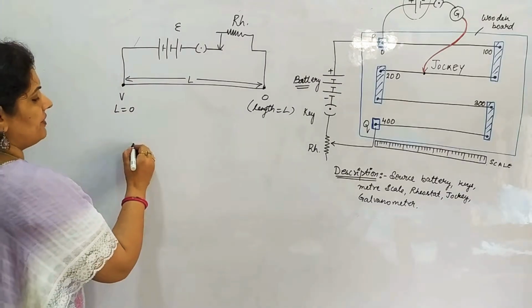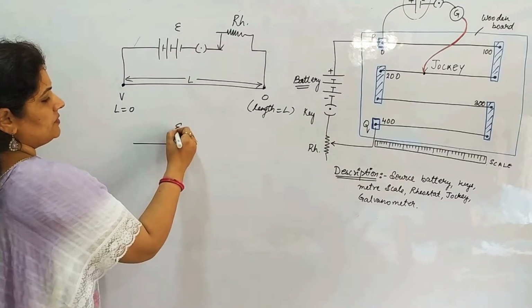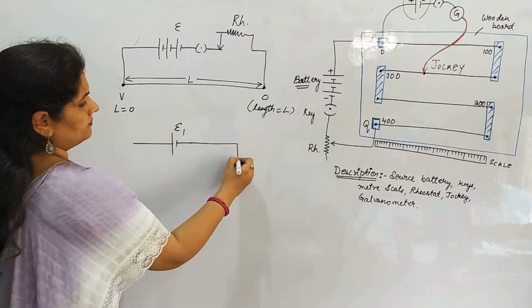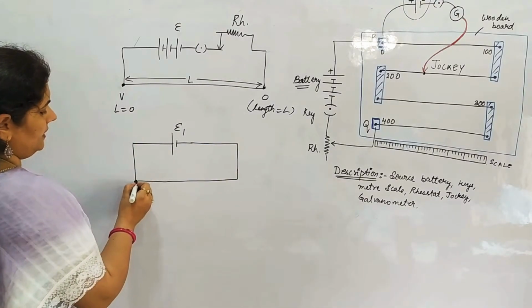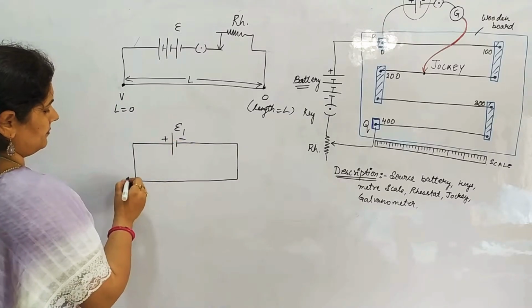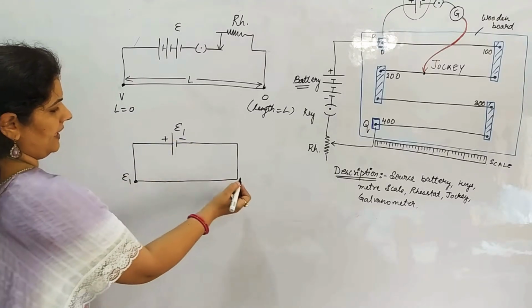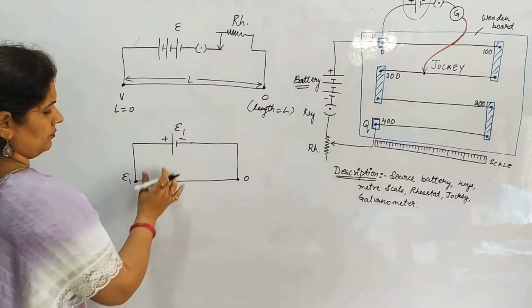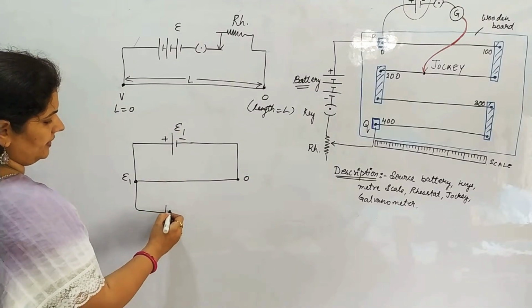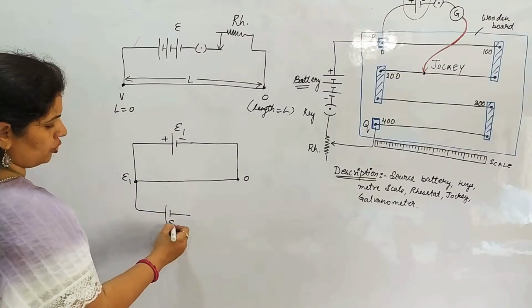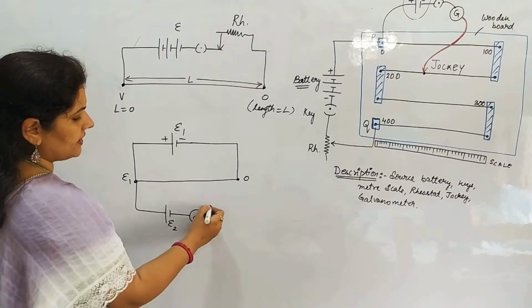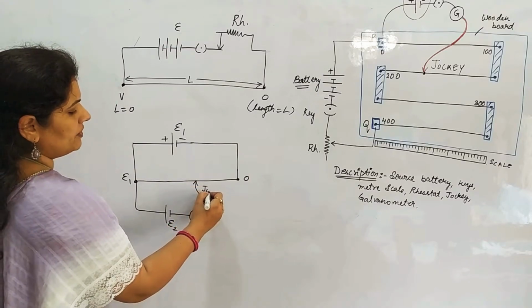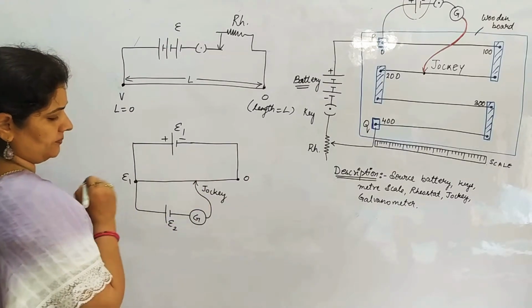So we have taken a very simple circuit, say with a source E1, say here it is E1 and here it is 0, and we have connected it with a second source, say E2, provided that the second source is connected to a galvanometer with the help of a jockey, right?